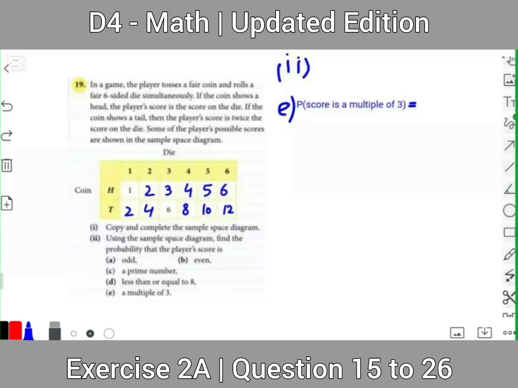For part E, we have to find the probability that the score is a multiple of 3. For this, we need to find the numbers in the sample space diagram that are multiples of 3. So here we have 3, 6, and 12.